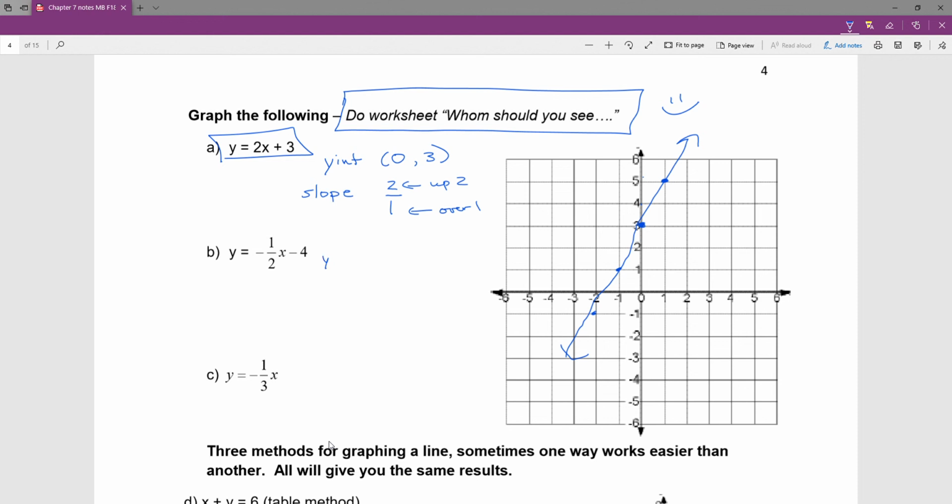The next ones, we're going to do them the same way. We're going to start with the y-intercept. When I read it out of my equation, it's 0 and -4. That gives me a point to start at. And my slope is going to give me the instructions to get to the next point on the graph. And so I'm going to put the negative with the 1 and the 2 underneath. So this tells me to start at 0 and -4. That's my y-intercept. And from that point, I'm going to go down 1 and over 2.